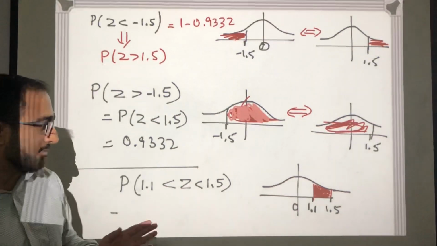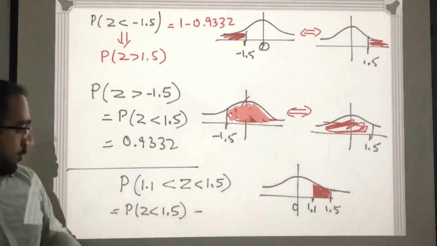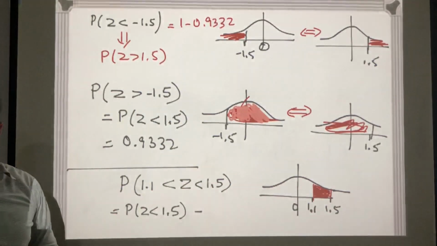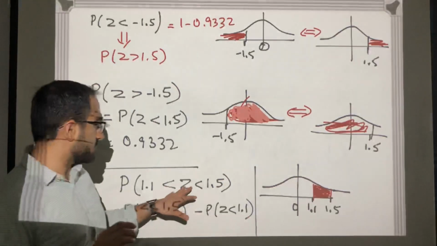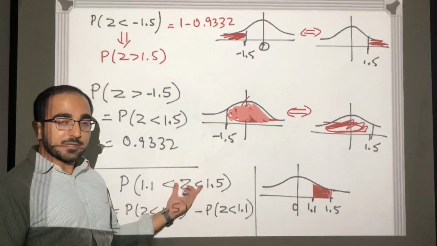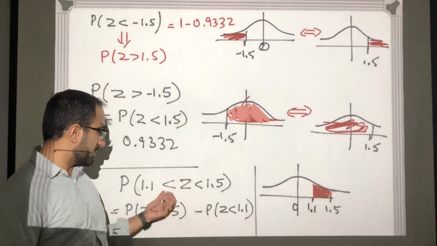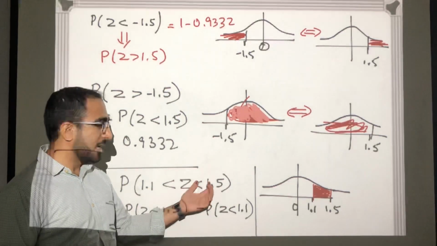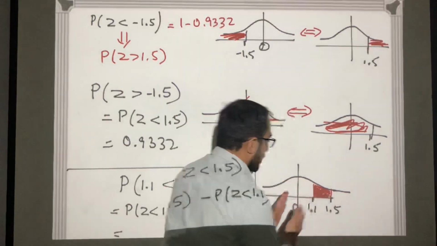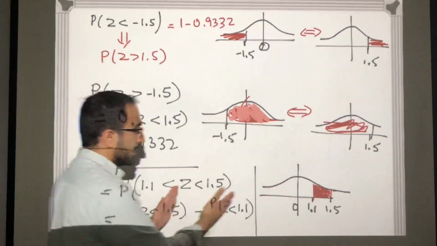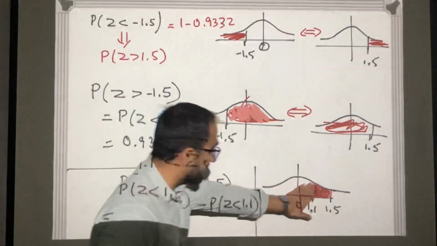Let me first write it down. The probability of z being less than 1.5 will give you all of this. Subtract the probability of z less than 1.1. Now a lot of students get confused with this. When you literally see this, z is greater than 1.1 and less than 1.5. But the probability basically means that it's the area between these two. So when you read off 1.5, it gives you all of this. And when you read off 1.1, that gives you all of this.